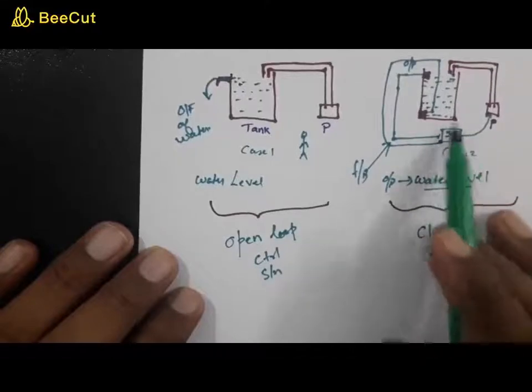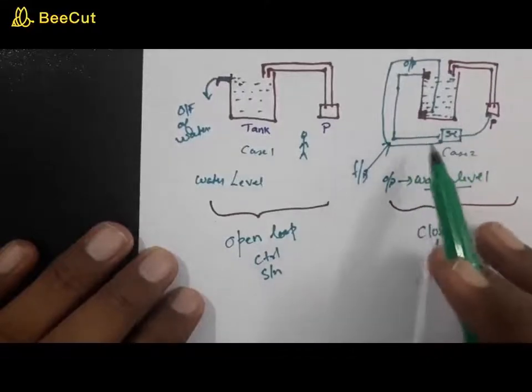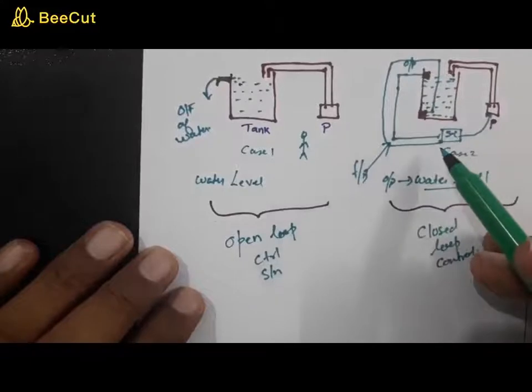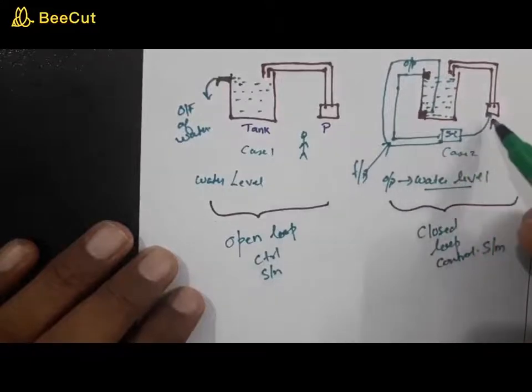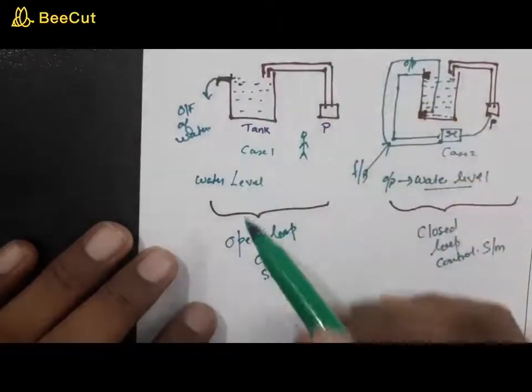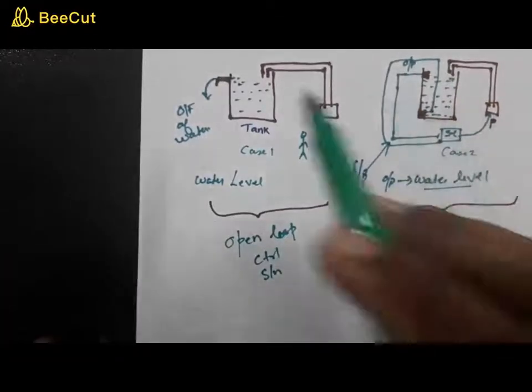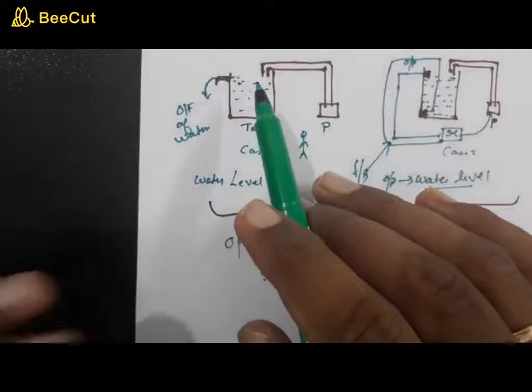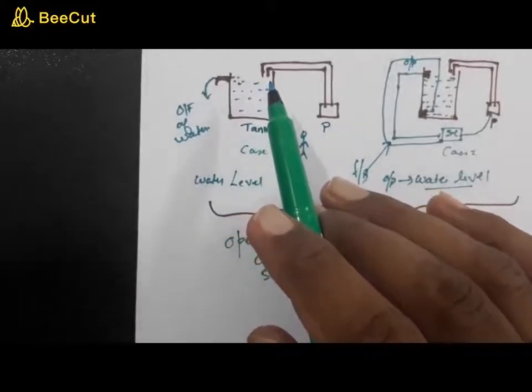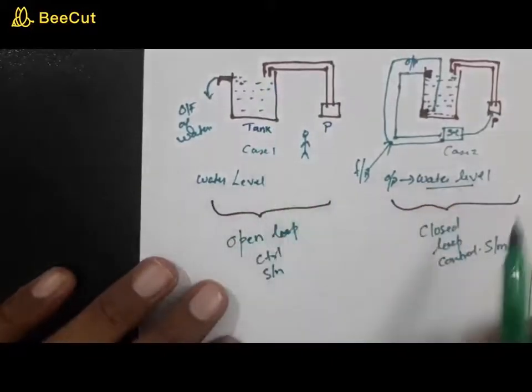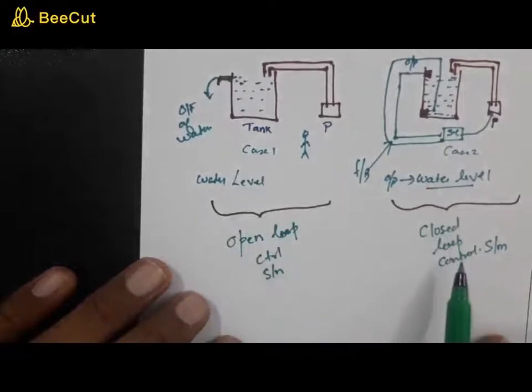So there must be some associated circuit with this, and thereby it induces a control action. So based on how this control action depends on the variable which is to be controlled, we can classify this as open loop and closed loop control system.